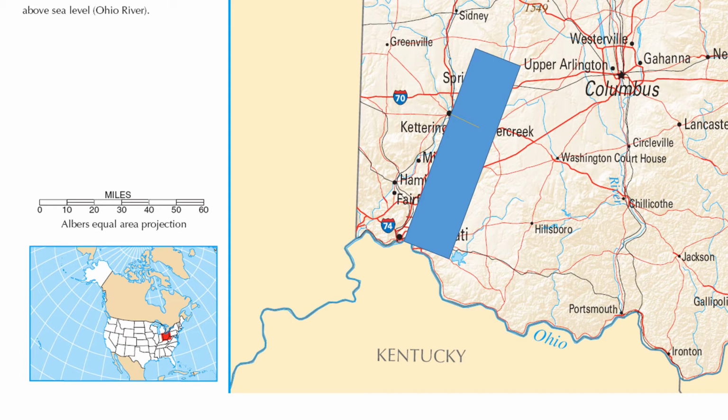So now I'm going to put my line on this spot right here, which I don't know if you can see it, but it was there, so I'm going to use this white to show you a little better. We're measuring from Dayton to Cincinnati.